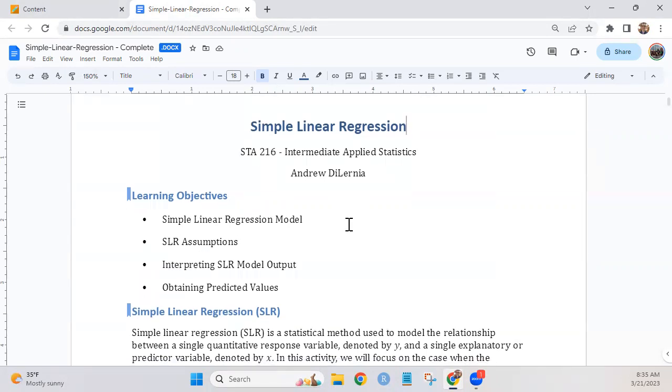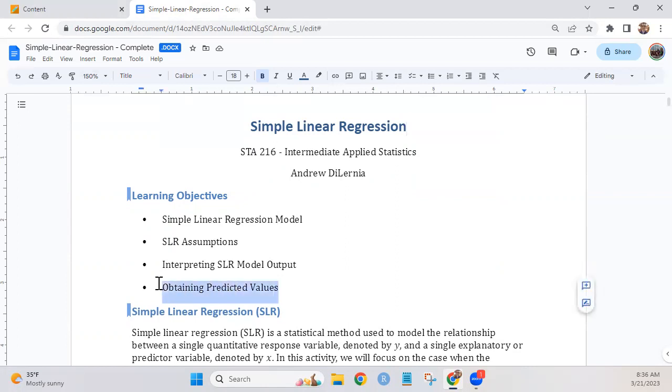Okay. So we'll be talking about the simple linear regression model itself, the model assumptions that we need, which will look familiar considering what we've covered for ANOVA. That's again because ANOVA is a specific case of a regression model. So the way we check the assumptions is very, very similar. We'll talk about how we can interpret some of the model output that we get from SAS.